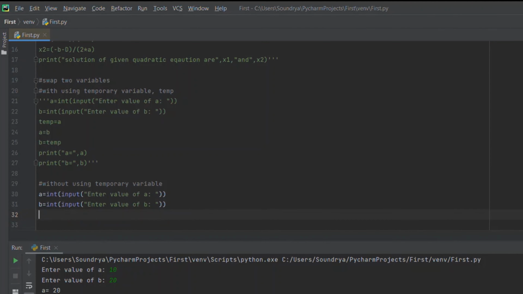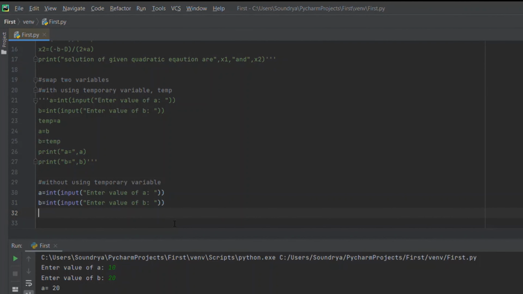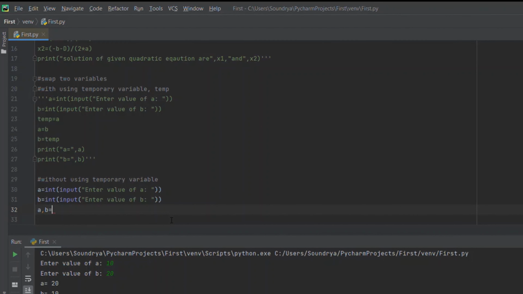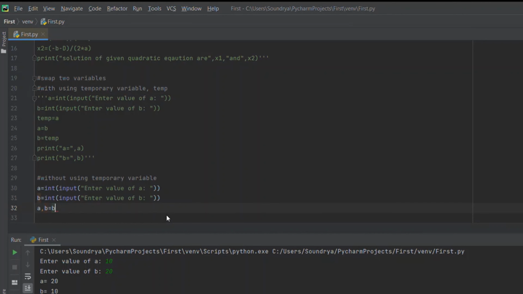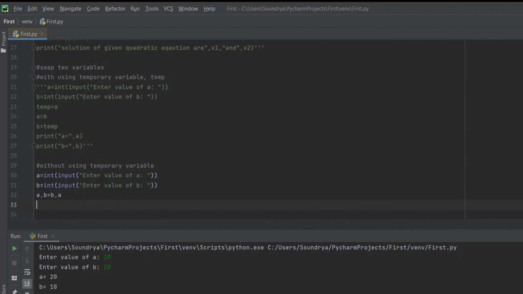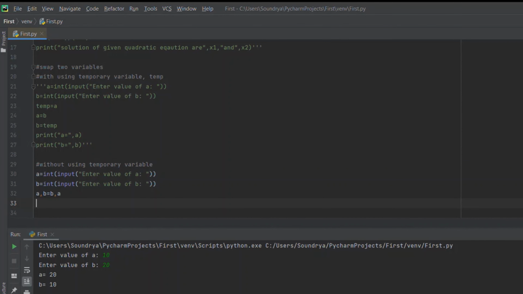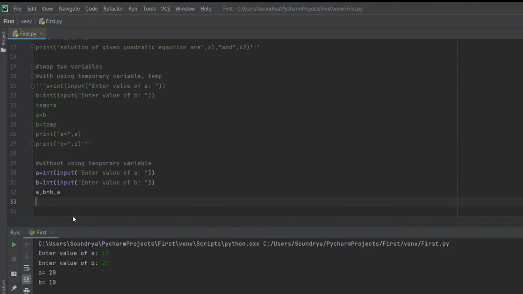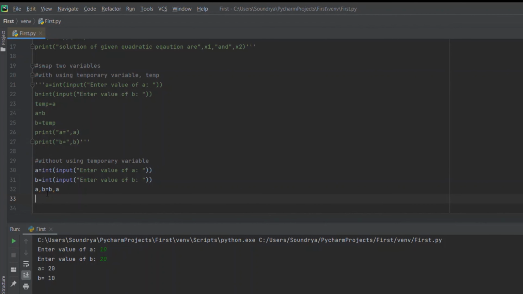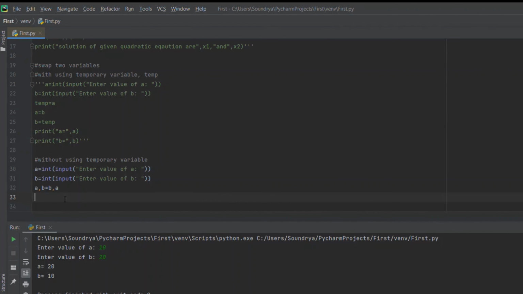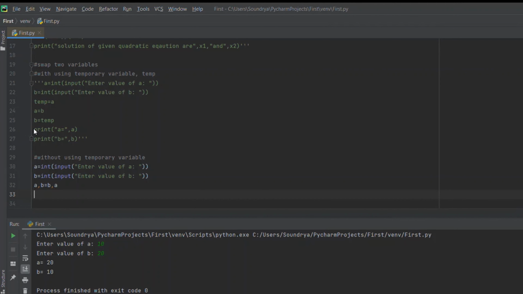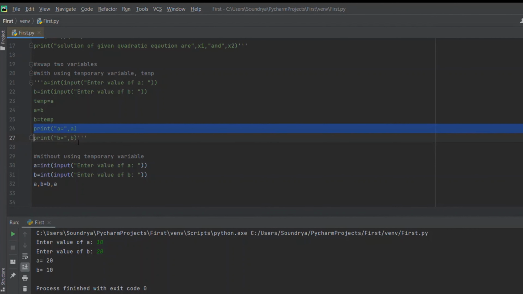So we have taken user's input. Now a comma b equals b comma a. We will check it later, but this syntax is used to swap or assign two variables at the same time. Now the same syntax to print the result.